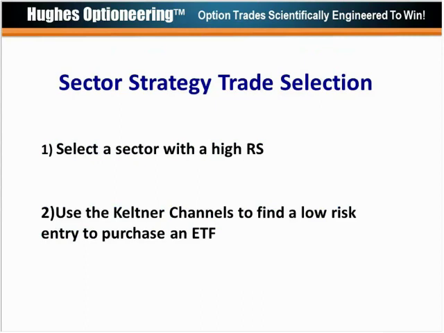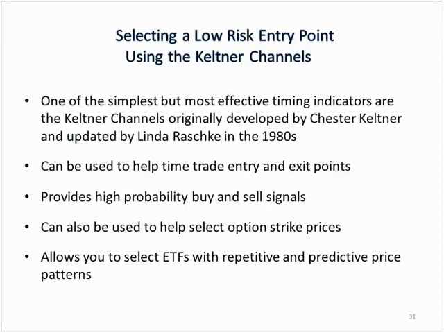Then the second step is we use the Keltner channels to find a low-risk entry to purchase an ETF. And the Keltner channels help us time our entry and exit points, and they also allow us to trade ETFs with repetitive and predictive price patterns.